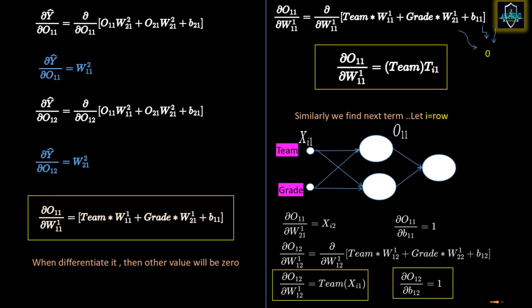Now after differentiating, the W112 term present will be differentiated and the rest will be 0. So that is equal to xi1, that is, ∂O12/∂W112 is equal to xi1. And next, ∂O12/∂B12 is equal to 1.